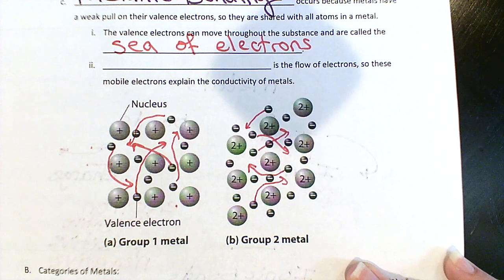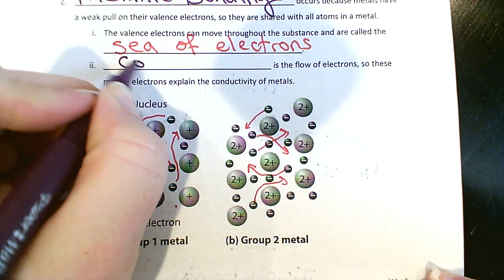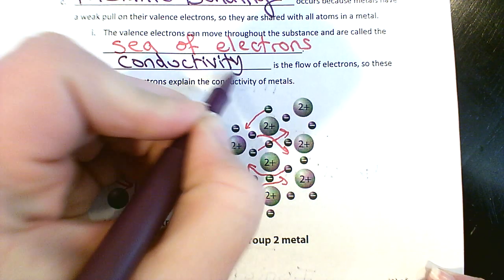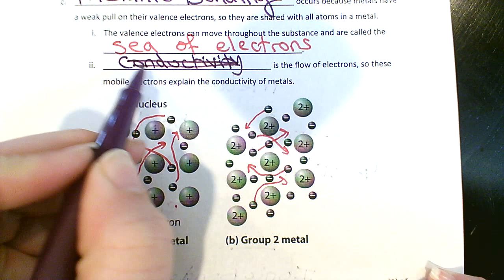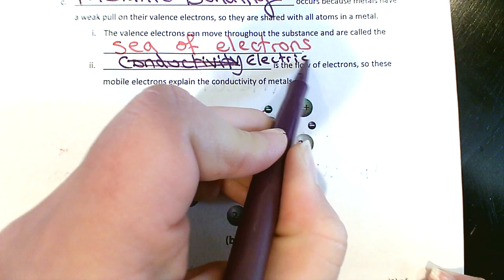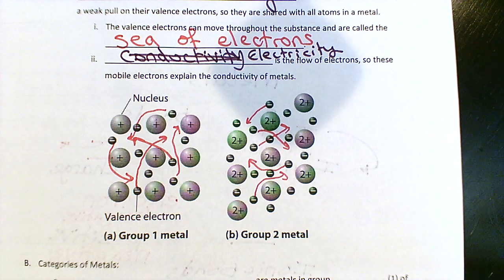This explains another interesting property of metals, which is conductivity. And I just realized that's not actually what I want to put there. I want to put electricity. Electricity, as we know it, is the flow of electrons.